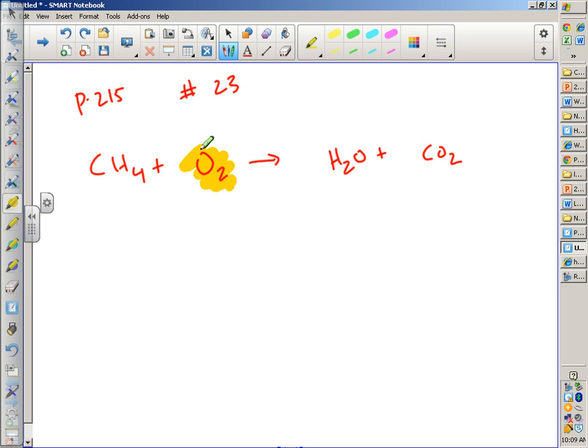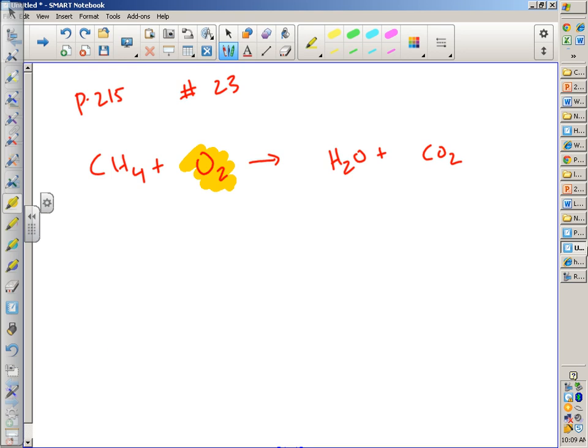That makes it a combustion reaction. Now, this is a specific type of combustion reaction that we talked about on Friday. This is the combustion of a hydrocarbon. This reactant here is carbon and hydrogen. We said that when hydrocarbons are combusted, there are always two products, water and carbon dioxide.